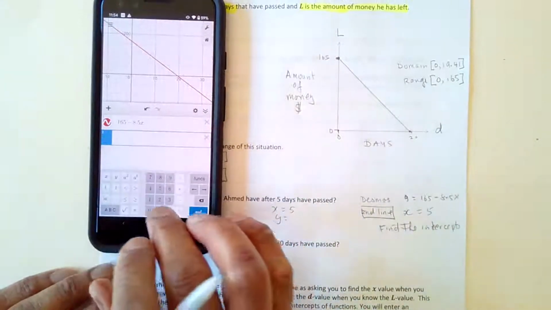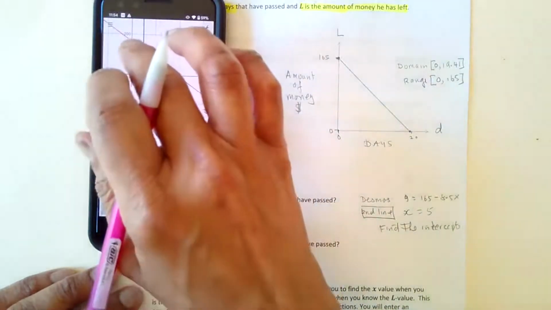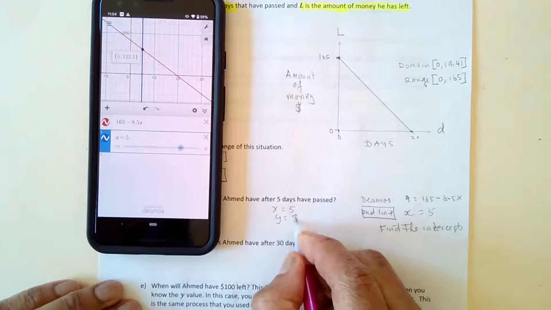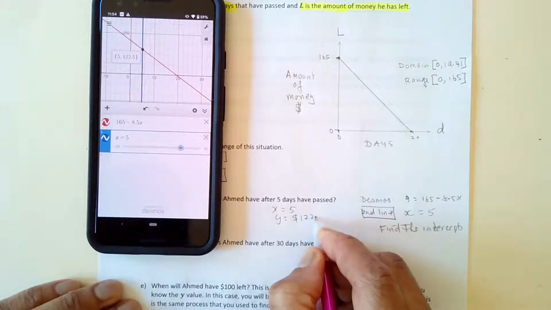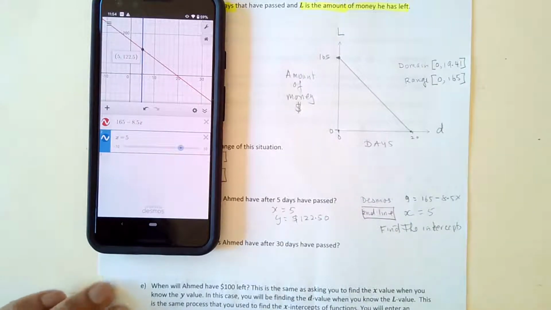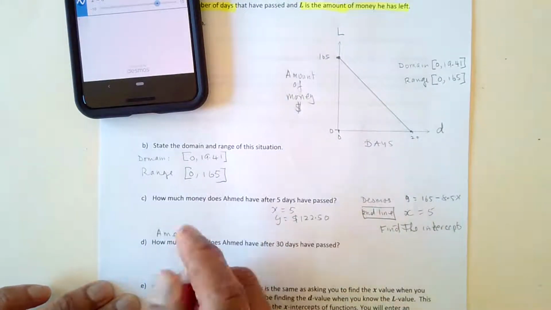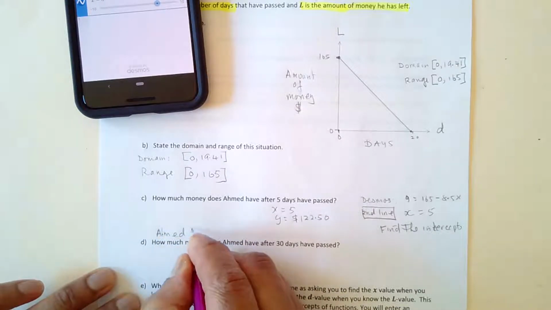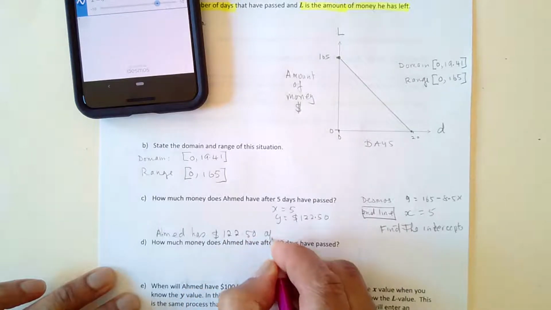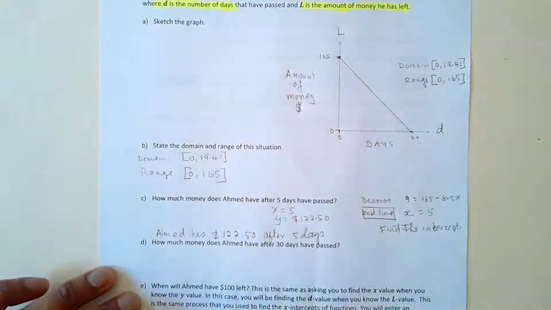So we put here x equals 5 and find where the intercept is. That's $122.50, the money left. So Ahmed has $122.50 after 5 days.